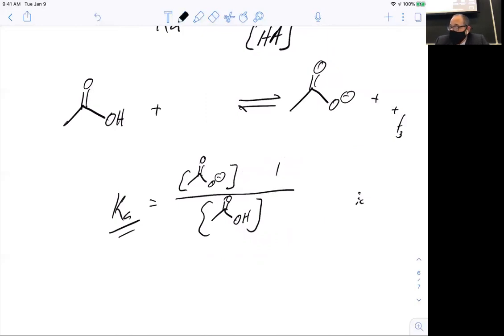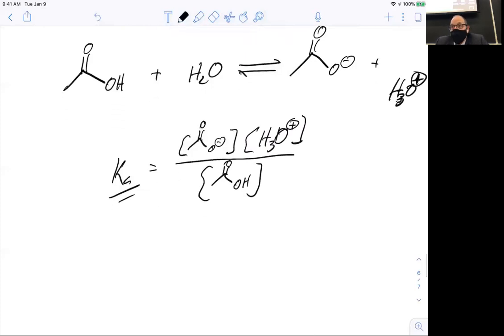Let's not skip a step. So let's put water in there. This Ka is going to be related to the carboxylic acid.